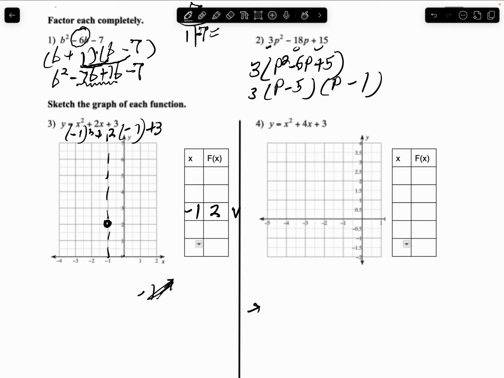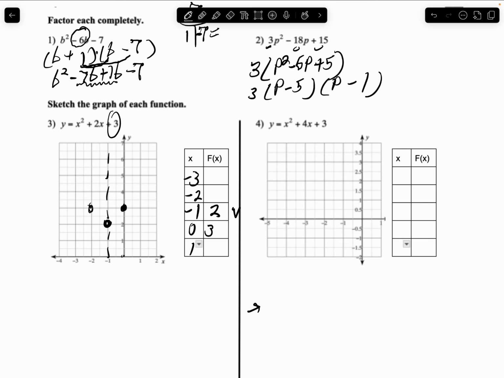And now I'd like to put a 0 and a 1 and a -2 and a -3. So 0 is an easy one. If I put 0 in, I just get 3. 0 over, 3 up. Which tells me that probably the other one's going to be right here.